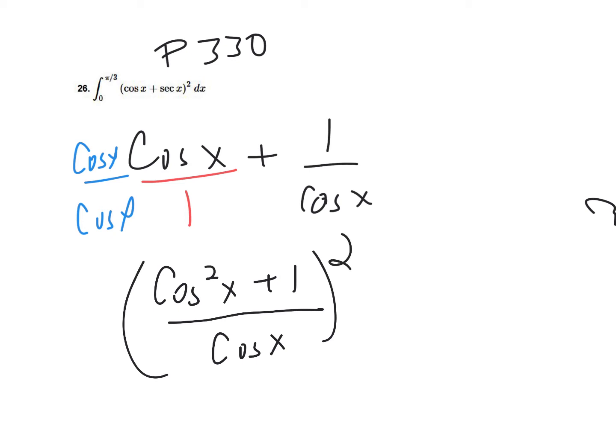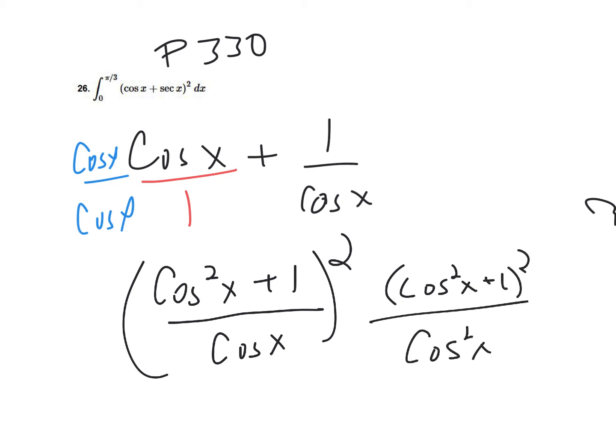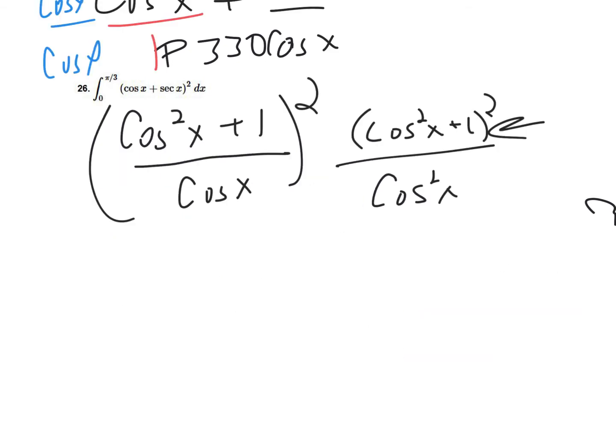Since it's a rational expression, I know I can square the top and square the bottom. So cosine squared x plus 1, squared, over cosine squared x. Now what we want to do is expand this out. This is just like expanding x squared plus 1 squared.